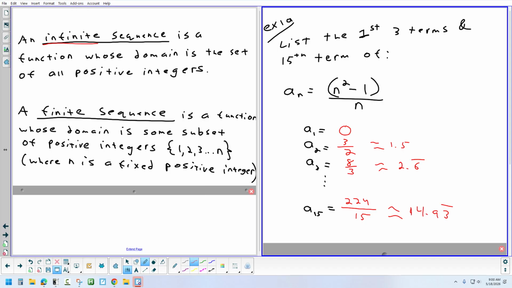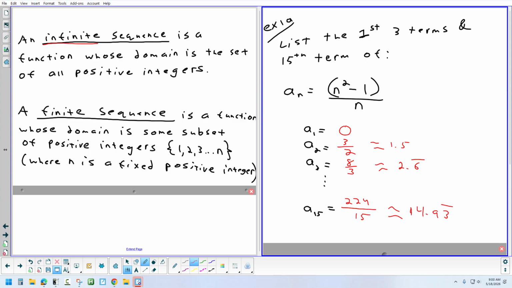Anybody notice what those numbers are starting to get pretty close to? I mean, they're going to keep getting bigger and bigger, but there is a pattern to what the number is getting close to. Yeah, they're getting close to the n value, which is the position.